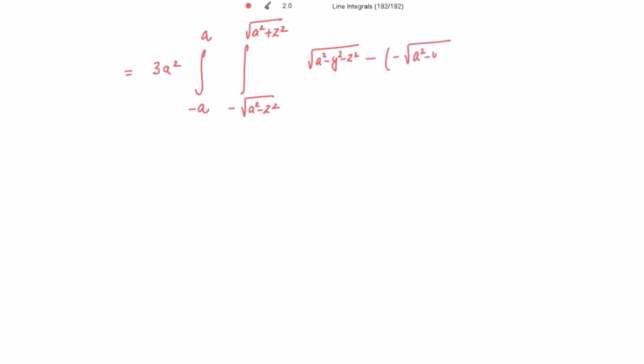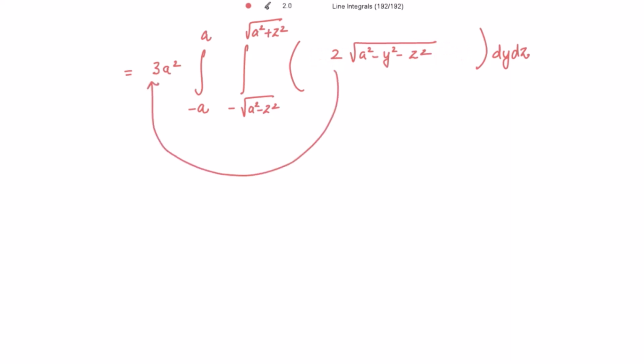So this is equal to 3a square times square root of a square minus y square minus z square minus, putting the lower limit, minus of square root of a square minus y square minus z square, dy dz. So this becomes positive and we get twice the square root. And now I am taking this 2 outside and multiplying with this 3. So we get 6a square.